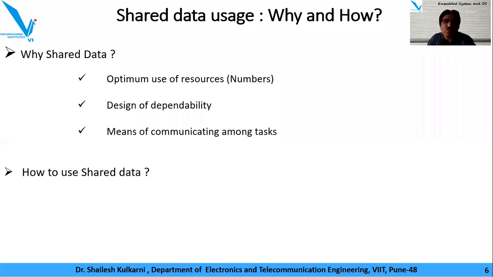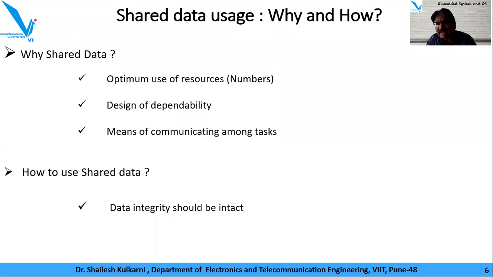Okay, then how do we use this shared data when we are making use of it for these kinds of purposes, functions, and requirements? This particular data is to be used in order not to lose the data integrity. Data integrity should be intact, and this is the bottom line of how shared data is to be used.